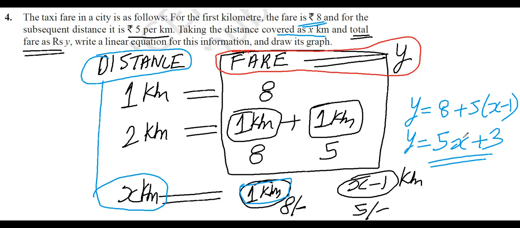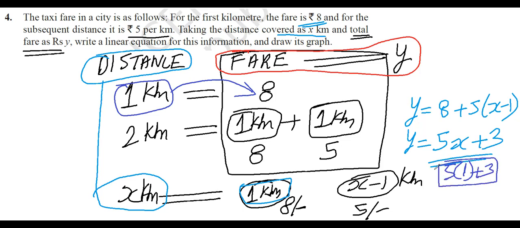Now let's verify whether this equation is correct or wrong. For that, I will substitute the value of X as 1, and check whether I am getting fare 8 or not. If the distance is 1, I am getting 3 plus 5 as 8. It means this is correct.